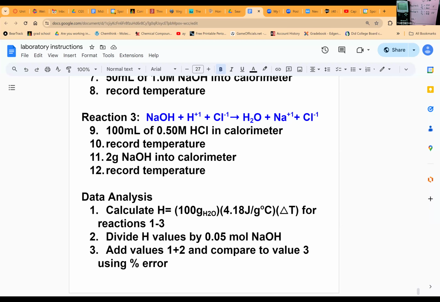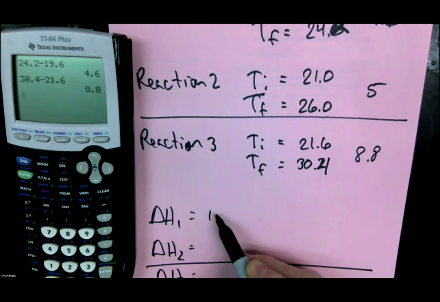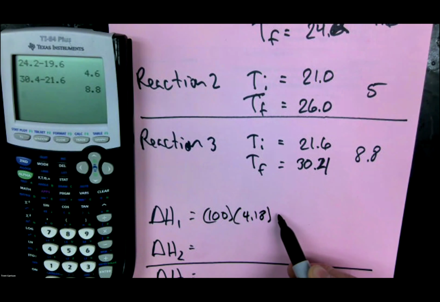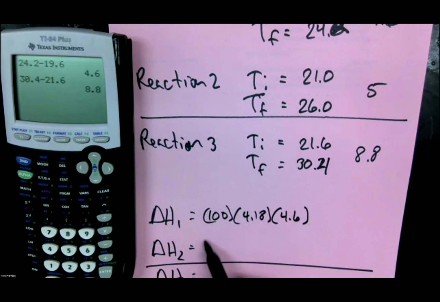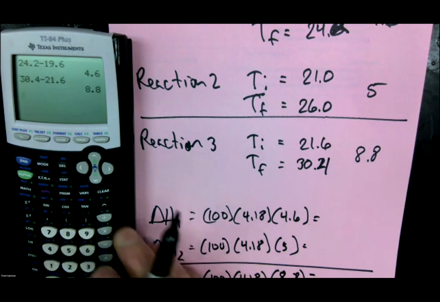That's how many moles of sodium hydroxide we had in each. All right, so stop sharing. Let's do some calculations. 100 for the water, 4.18, times the temperature change, 4.6. 100 times 4.18 times 5, and 100 times 4.18 times 8.8. And then divide by 0.05.